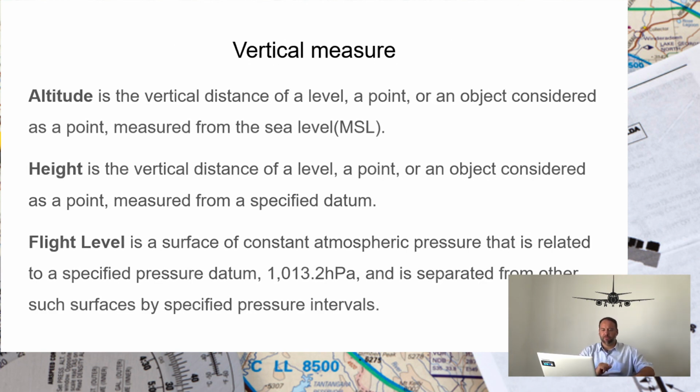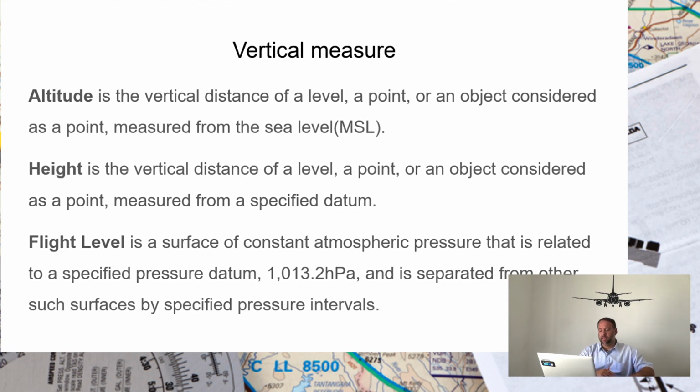Vertical measure. Altitude is the vertical distance of a level, a point or an object considered as a point, measured from mean sea level. Height is the vertical distance of a level, a point or an object considered as a point, measured from a specific datum, a reference.